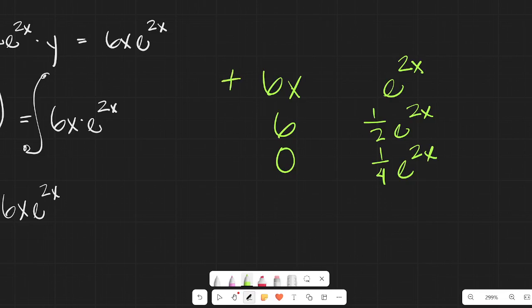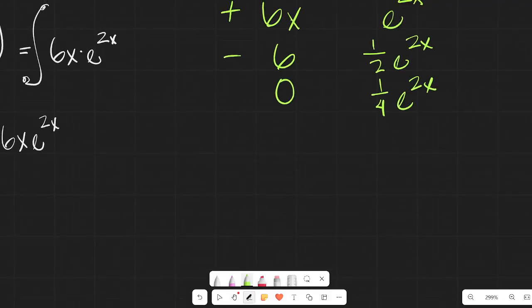So this will be positive, this will be negative, and then the other one doesn't matter. Then we multiply diagonally. So this is going to turn into 6x times 1/2 e to the 2x minus 6 times 1/4 e to the 2x.